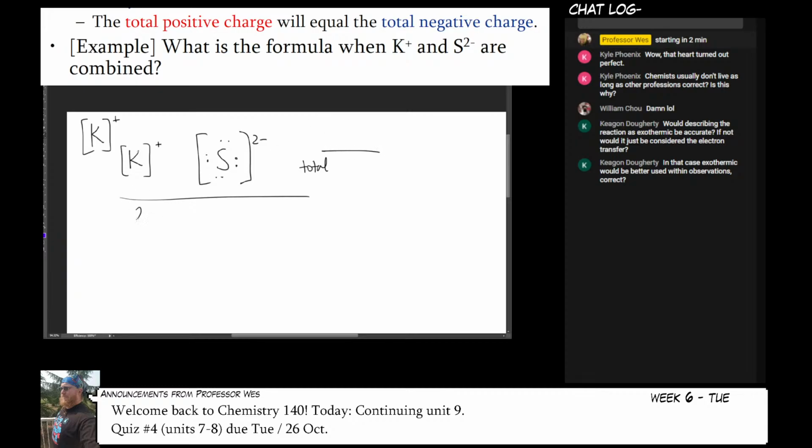Well, now I have positive 2 and negative 2. Those would sum together to give you 0. So this right here that we're going to circle in purple, this is what would make our ionic compound. What would its formula be? Well, there's two Ks, and there's an S. And there's our formula, K2S.